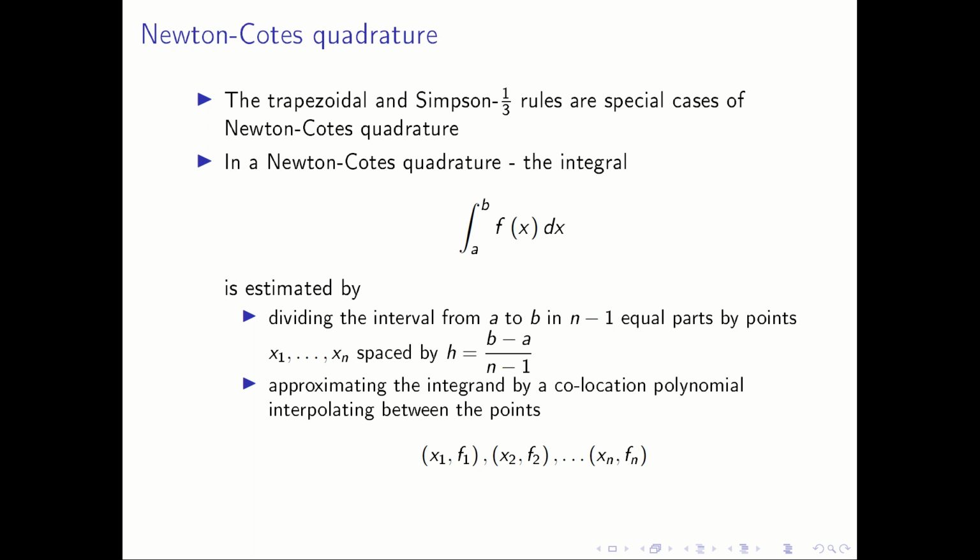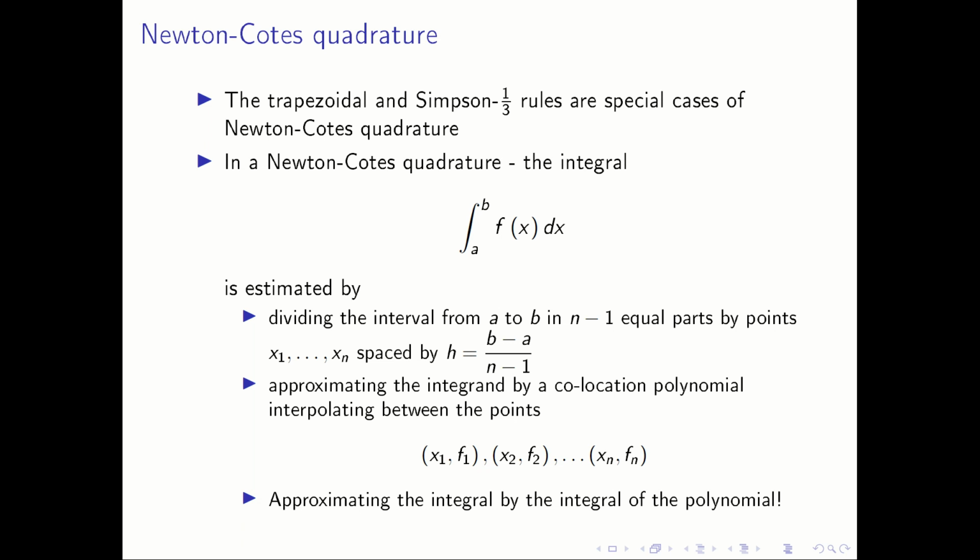And what we do is we try to draw a polynomial which goes through each one of these n points. This collocation polynomial, in order to be unique, must be an n minus 1 degree polynomial. And what we then do is approximate the area under the curve, which is the integral of f(x) dx from a to b, by the area under this collocation polynomial.